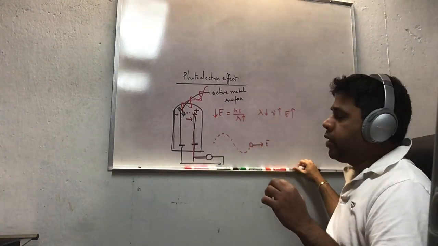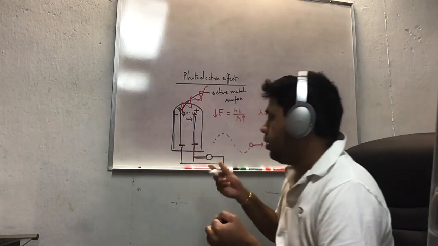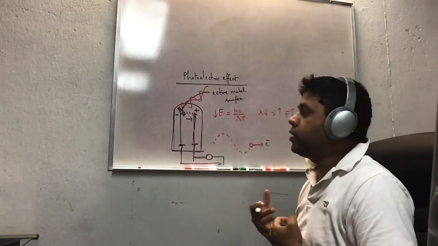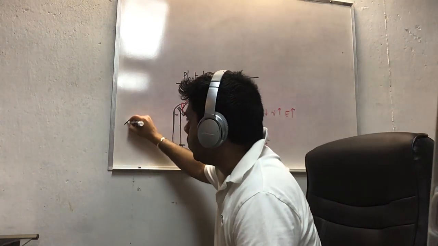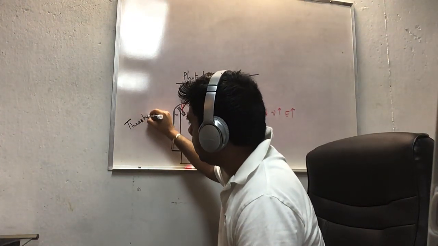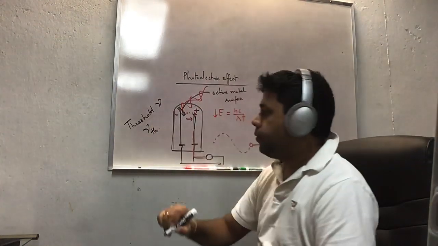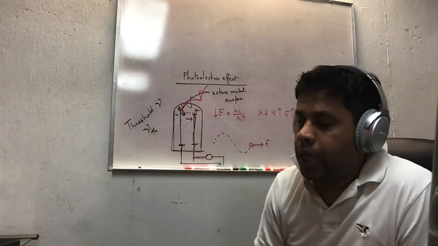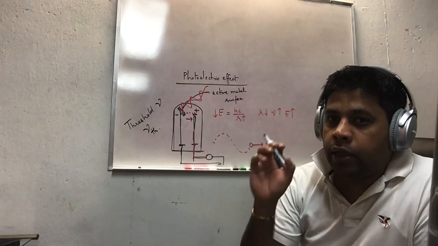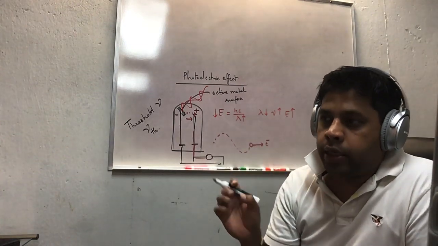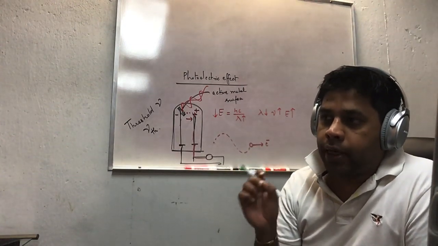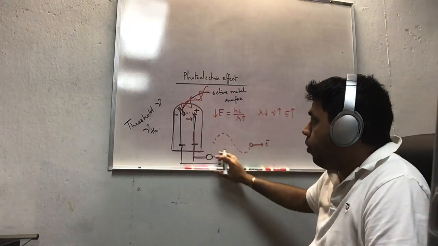The minimum energy required to remove electrons from the metal surface is called the threshold frequency. Very famous, threshold frequency. That's the minimum frequency of the light required to remove an electron from an active metal surface and have the current flowing.